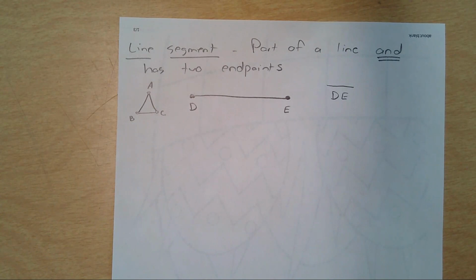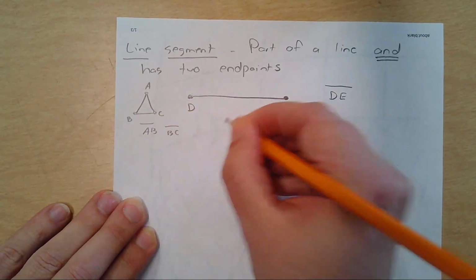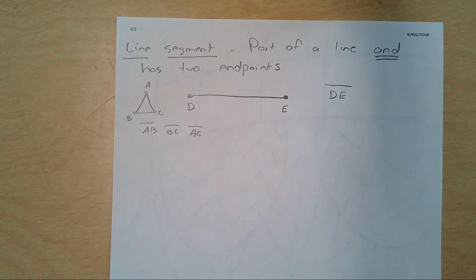Segment AB, segment BC, and segment AC are the 3 line segments that make that triangle. It terminates. It doesn't go on endlessly in all directions. All right? Line segments. So, big difference between a line and a line segment. Okay? You agree with that?